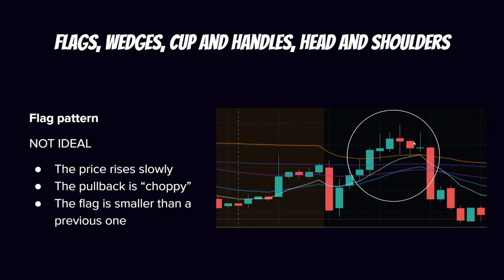But you can see that the price before is very messy, with big candles. The pole itself, the extension, is not really an extension in this case, it's just trending higher.